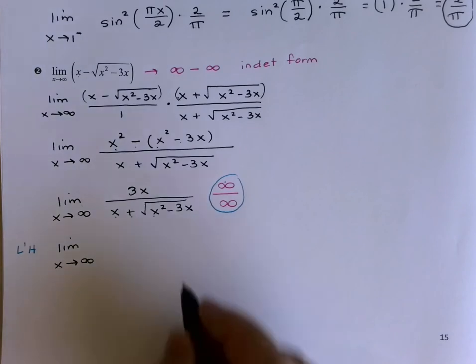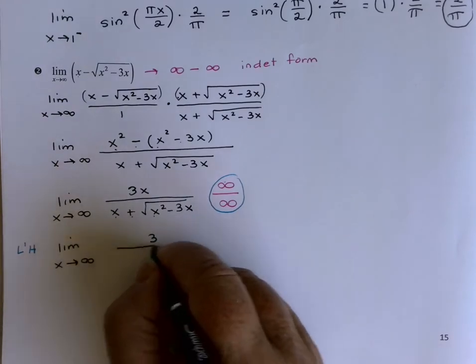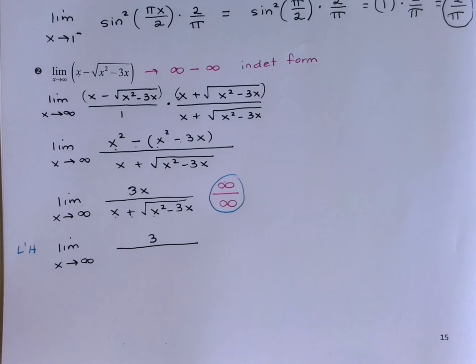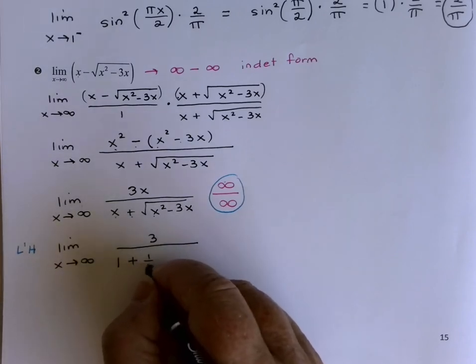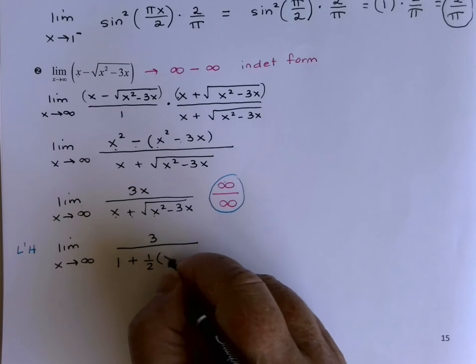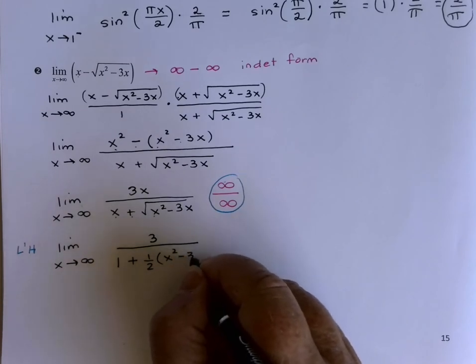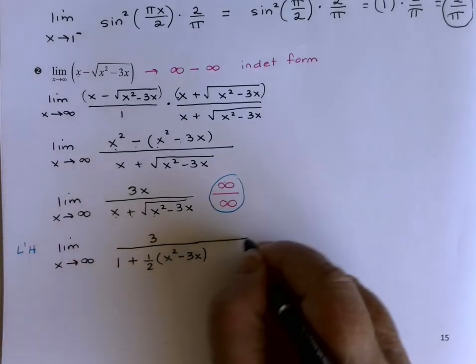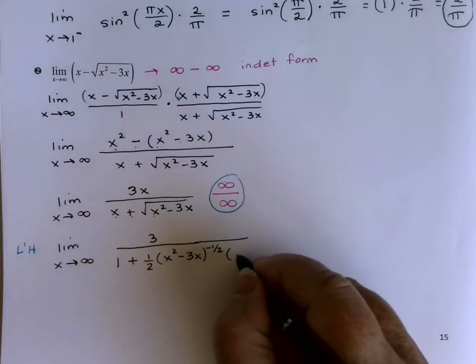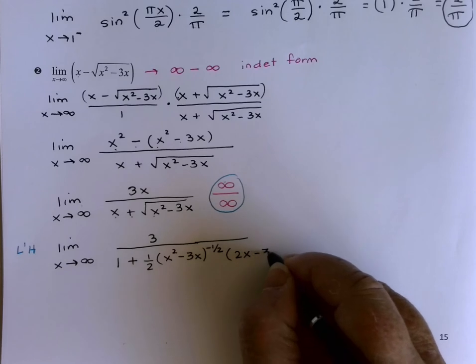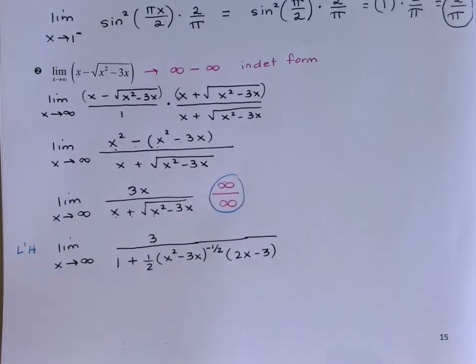All right, the derivative on the top is just 3. And the derivative on the bottom is 1 plus 1/2 x squared minus 3x to the negative 1/2 times 2x minus 3 for the chain rule.